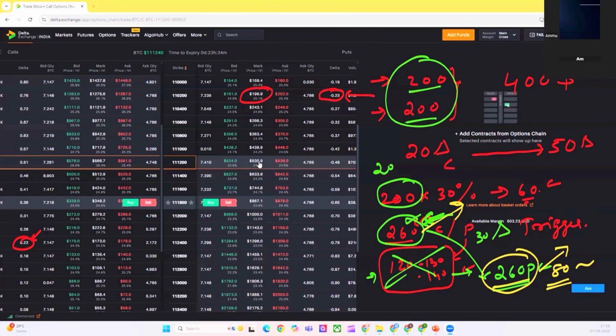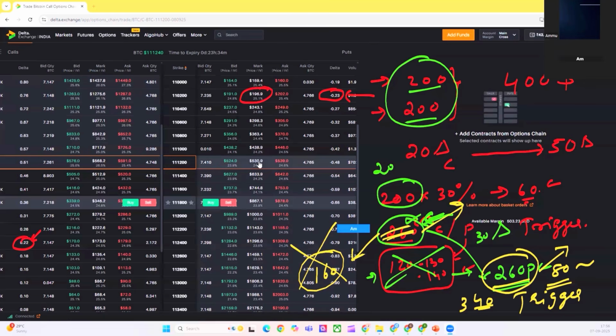So approximately 80, actually 78 but approximately 80, which means anything that moves to 340 is the next trigger for you to make an adjustment. One moves to 340, the other, this one may come from 260 to 180 or 160 or 170. Here because of the time you get some profit. So what you do is the one which came down you exit, and now you have this one at 340.